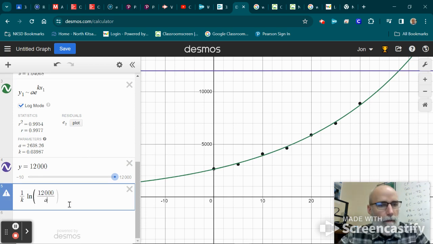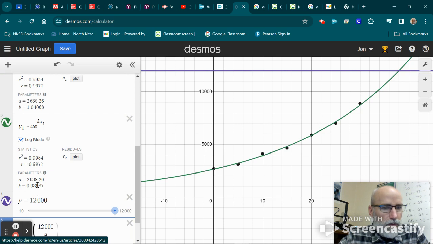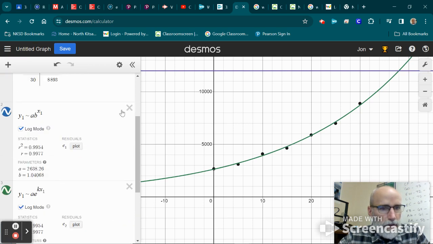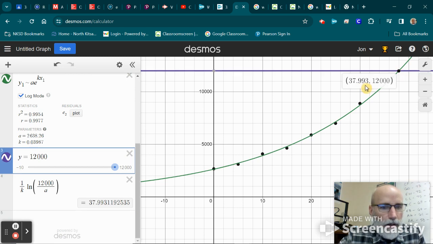Okay. Ooh, it is not liking that at all. I have a feeling that because we have A in two different places and it's the same number, if I delete one of them, will it work down here? There it goes. It was because it was in two different places. It was kind of freaking out a little bit. So 37.993. Perfect. That's what we wanted.